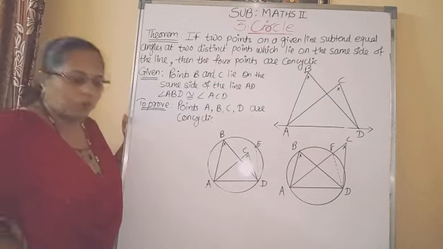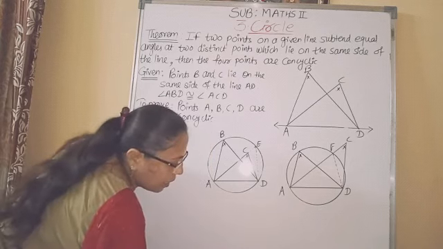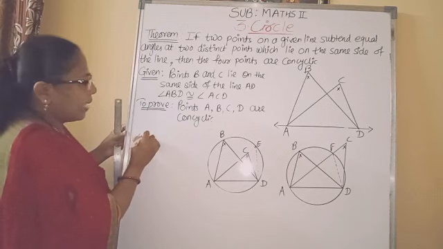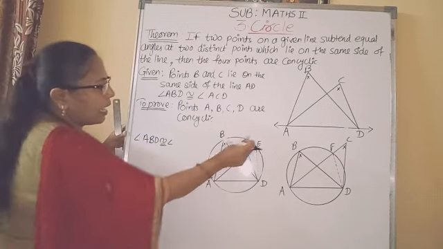And we proved this corollary: if angles are inscribed in the same arc, they are congruent. So here we will get angle ABD congruent to angle AED.